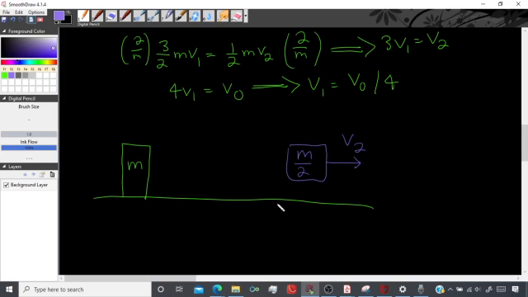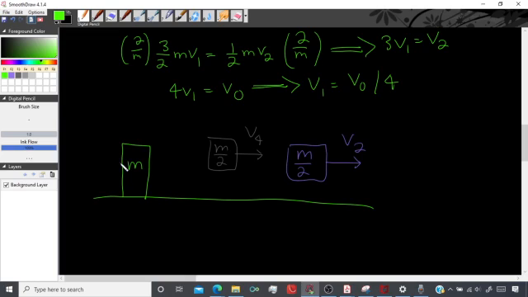And then the second half of the block I threw also has mass m over 2, obviously, since the total mass of the block is just m. And I'll just say it has speed v4.